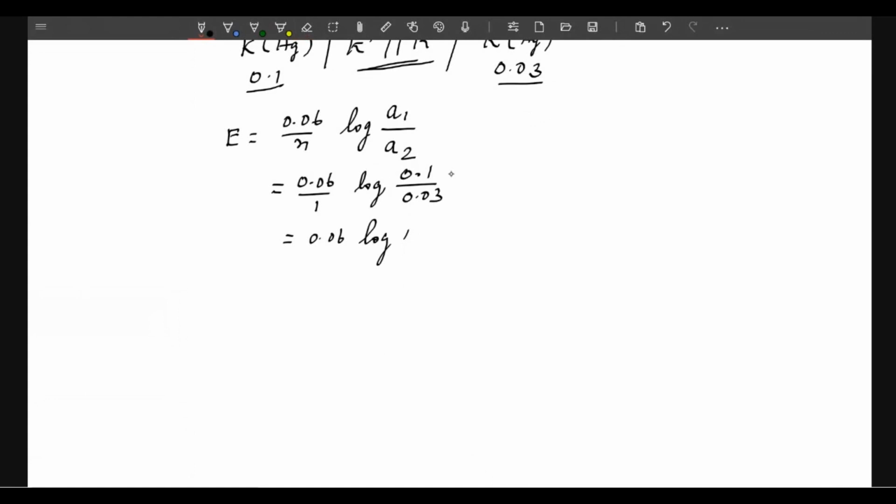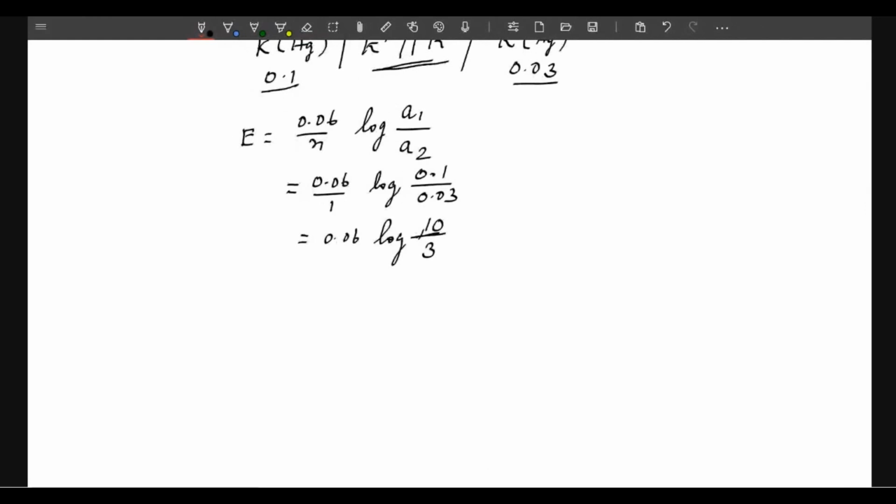Log of 1 by 0.3, or for simplicity, we will convert it into log 10 by 3. That is equal to log of 10 by 3, which is written as log 10 minus log 3.